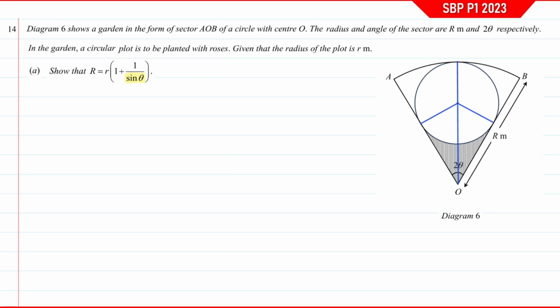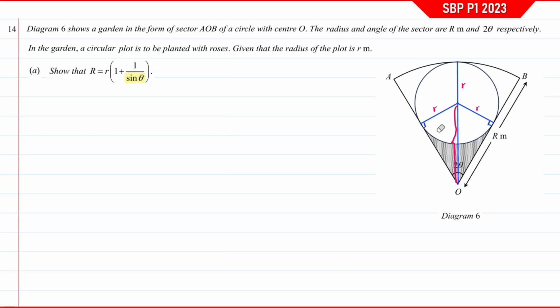When we draw a straight line from the connecting point of the tangents to the center of the circle, the angle here will be 90 degrees. Here the radius of the circular plot will be the small letter r. The blue straight line here is also the radius of the sector AOB, which is equal to the capital R.